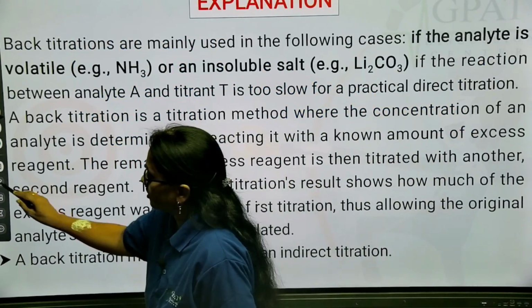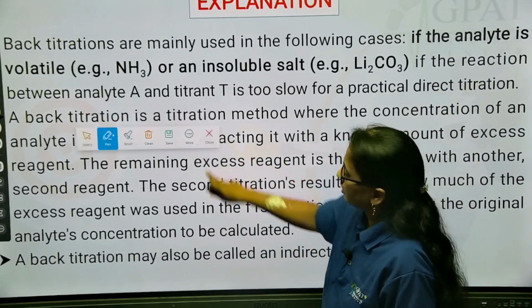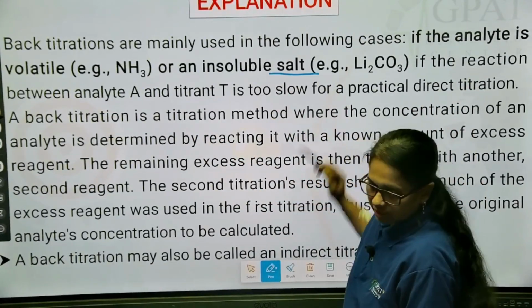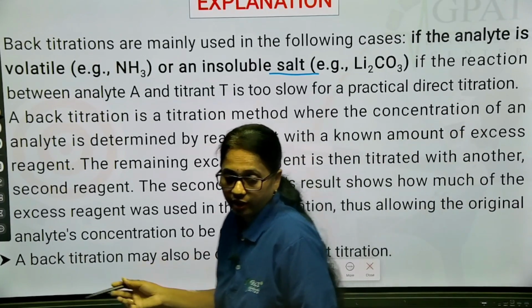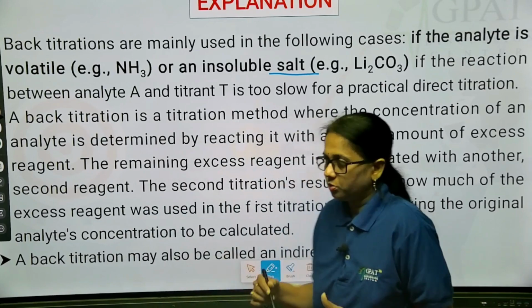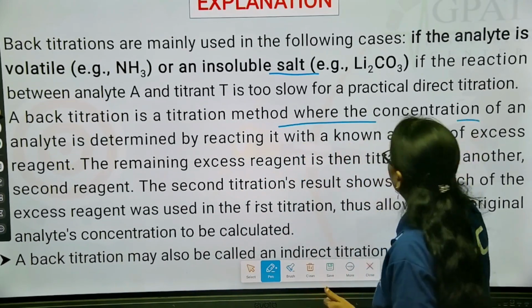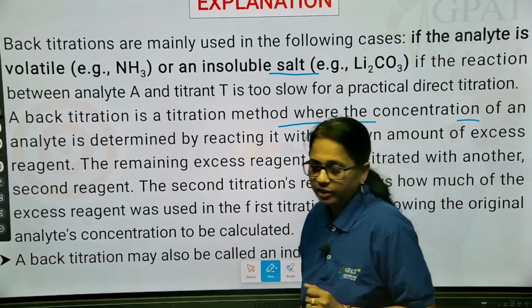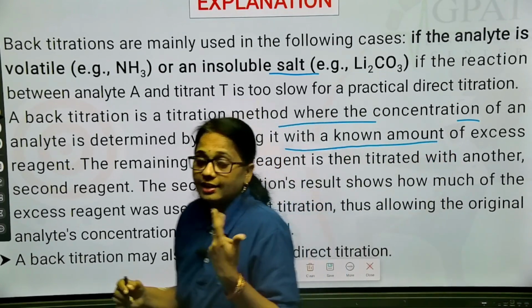So, back titrations are generally used if the analyte is volatile in nature like ammonia, or it is an insoluble salt like lithium carbonate, or if the reaction between the analyte and the titrant is very slow. Okay, then also we proceed with the back titration, and it is a method where the concentration of the analyte is determined by reacting it with a known amount of excess titrant.